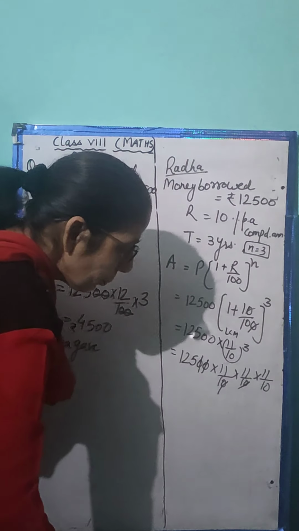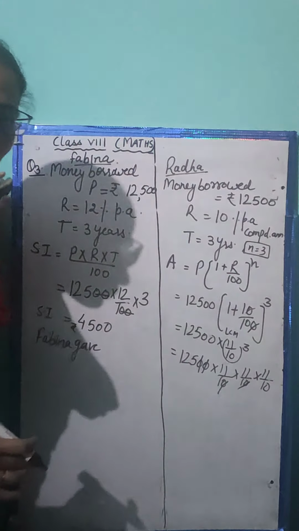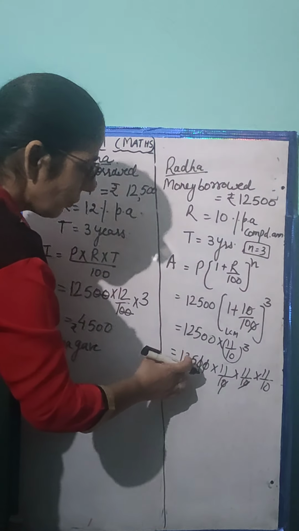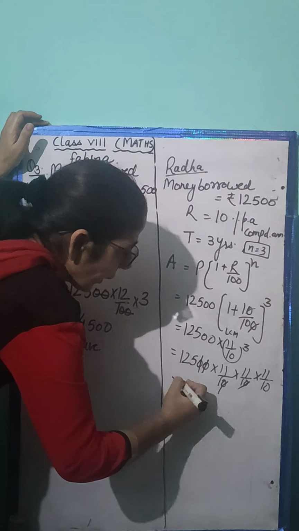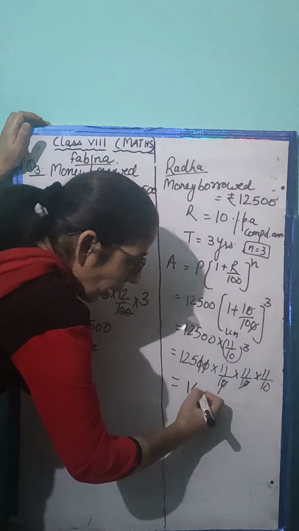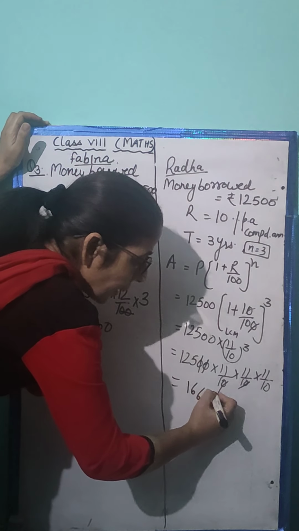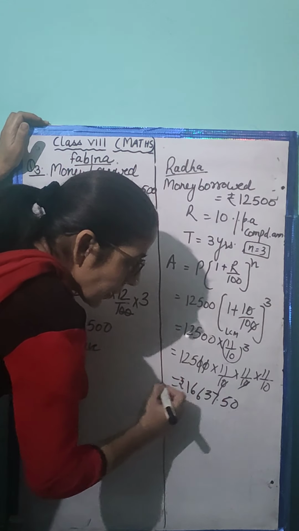When I multiply these all, 11 into 11 into 11 is 1331, and when it is multiplied with 121 and divided by 10, the answer comes to be 16,637.50. So this is the amount.